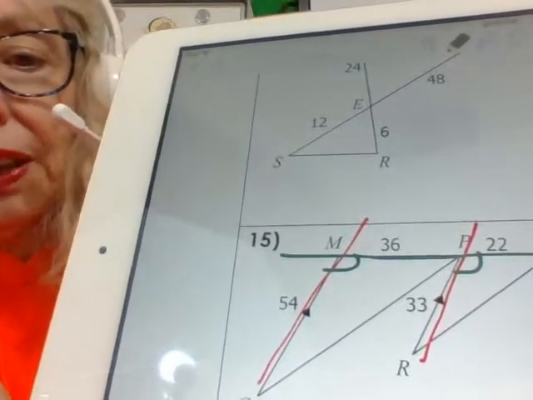Okay, corresponding angles. So now all I have to do is show that the sides are proportional. So I'm going to have 54 over 33 has to equal 36 over 22.